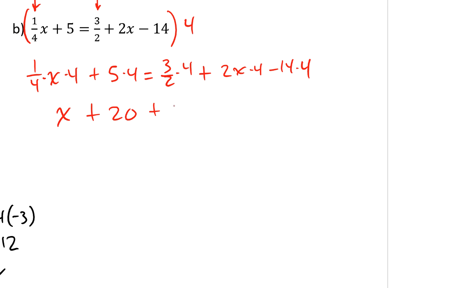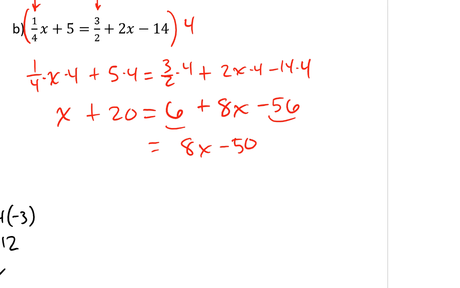That's 12 over 2, which is equal to 6, so this equals 6, and then plus it would be an 8x, and then 4 times 14 I believe is negative 56. So if I combine the negative 56 with the 6 on the right hand side, this becomes an 8x minus 50. On the other side I've got x plus 20.